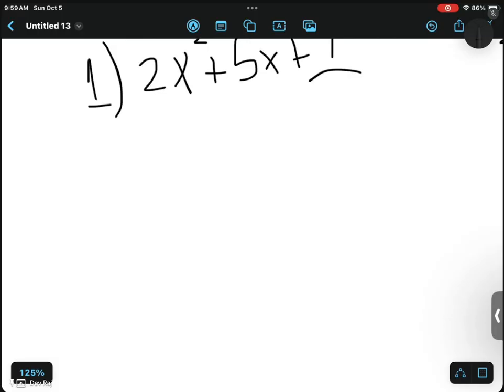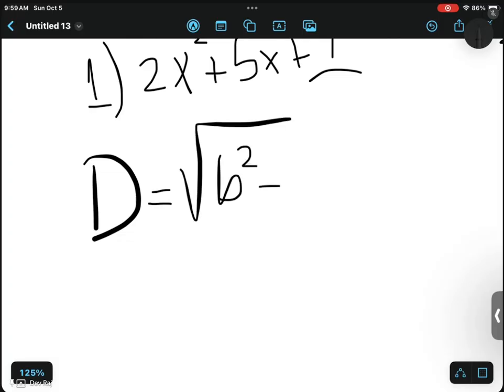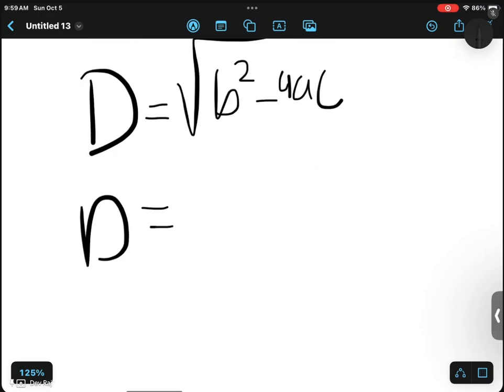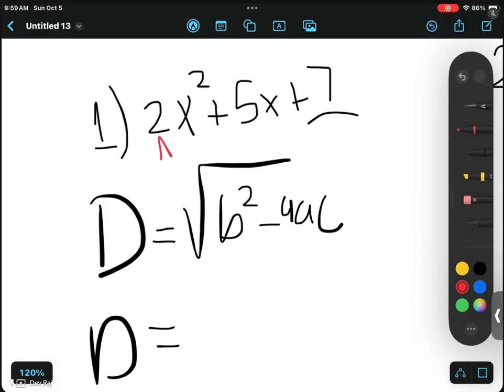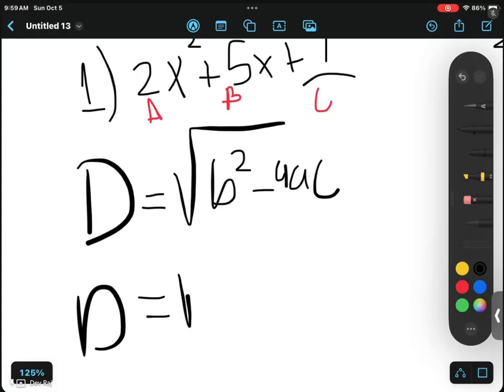So remember, whenever you solve questions, always start off with the discriminant. What is the discriminant? Well, it's just b squared minus 4ac. So let's plug in our values then. If this is our a, this is our b, and this is our c, then let's look at it. So what is b? 5. 5 squared minus 4. What is a? A is 2.